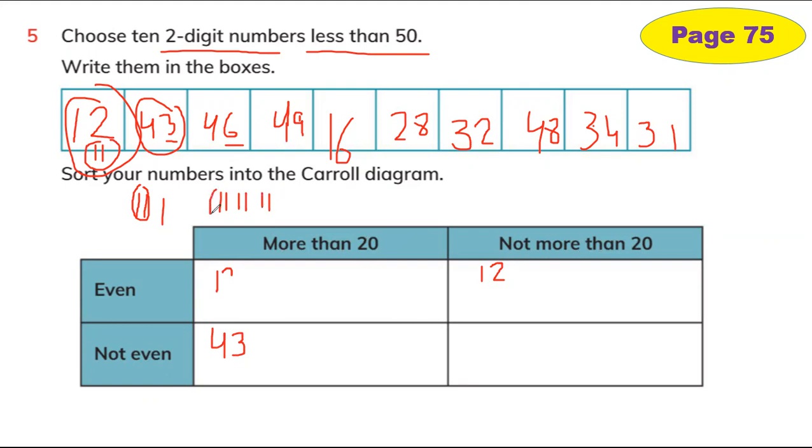There's no line alone. It means 46 is even, but look, is 46 more than 20 or not more than 20? It's more than 20. I'm going to write it here because this is an even number. So in this way, you guys choose all your favorite numbers, right? And write the number if even in the box, but look, whether it's more than 20 or not more than 20. So try it, please.